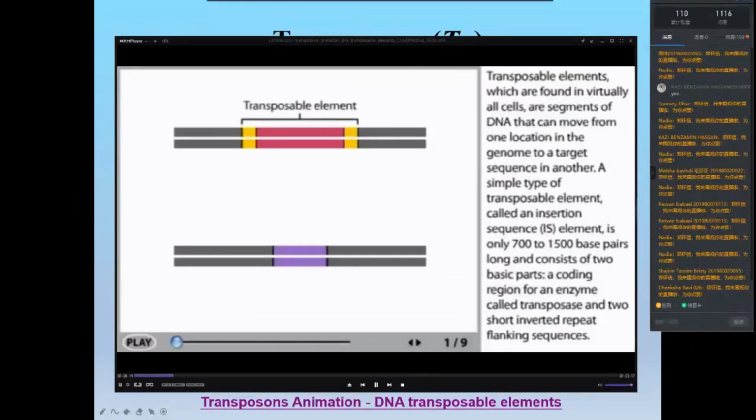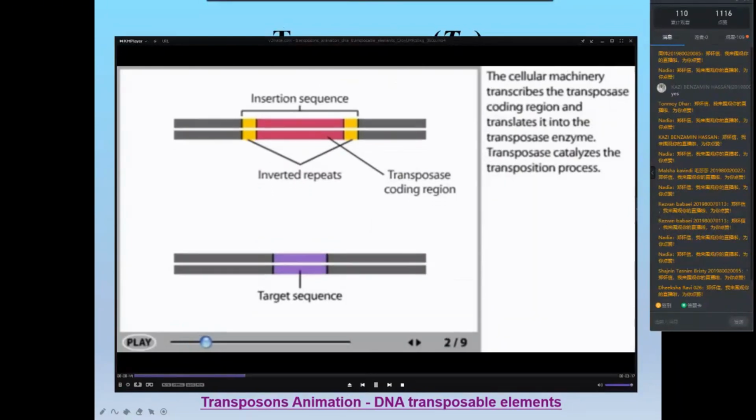Transposable elements, which are found in virtually all cells, are segments of DNA that can move from one location in the genome to a target sequence in another. A simple type of transposable element called an insertion sequence or IS element is only 700 to 1500 base pairs long and consists of two basic parts, a coding region for an enzyme called transposase and two short inverted repeat flanking sequences.